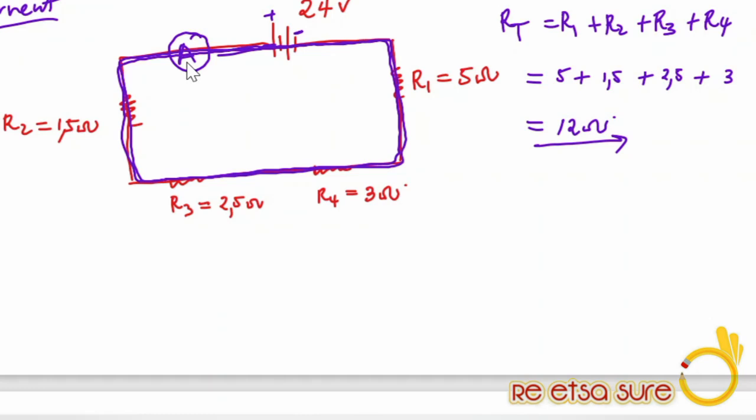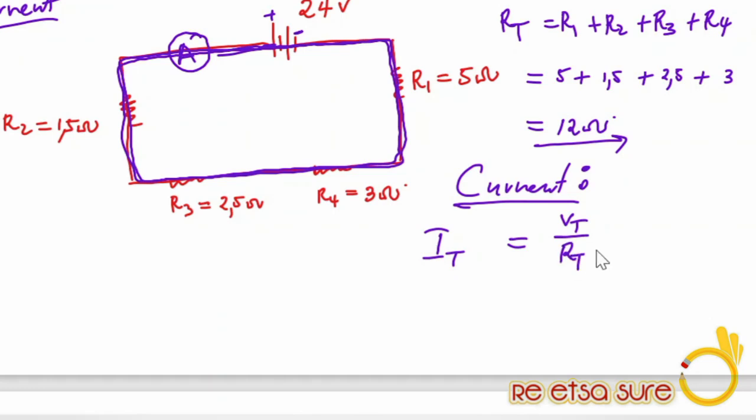Meaning, if you want to determine the current flowing throughout our circuit, you must have the total voltage, which is the voltage of the battery, and number 2, you must have the total resistance of the circuit. So if I want the current that is flowing throughout our circuit, I can say IT is equal to VT all over RT.